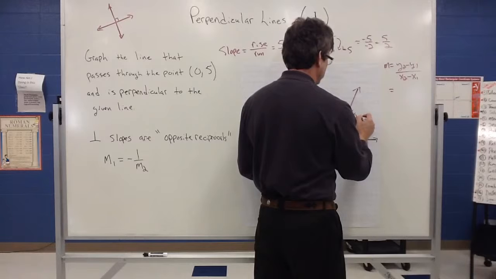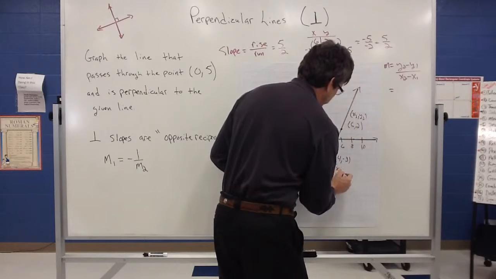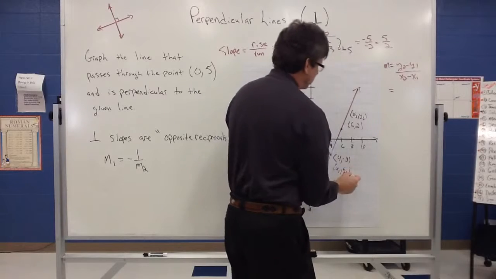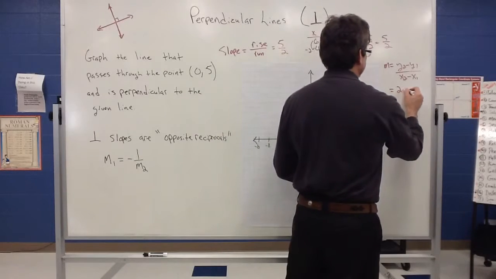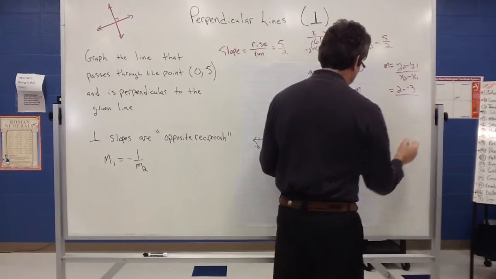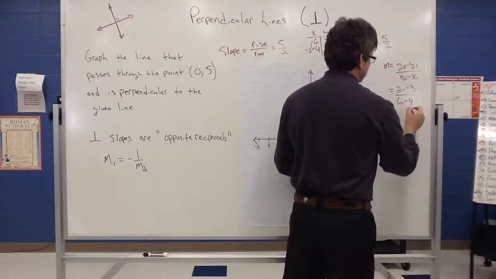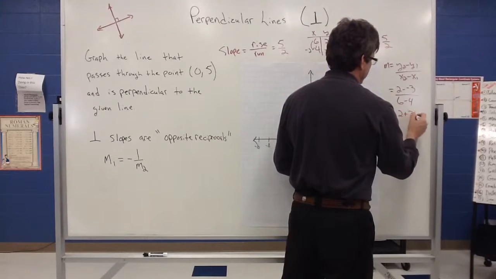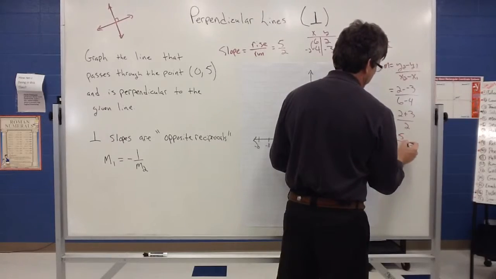So x2, y2, and this could be x1, y1. So y2 minus y1, so 2 take away a -3, over 6 minus 4. So I did get 2 plus 3 on the top. 6 minus 4 is 2. We do indeed get 5/2.